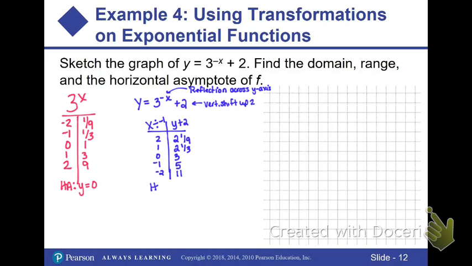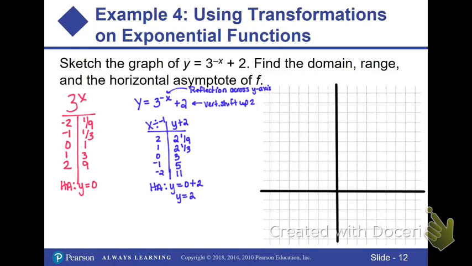Now, also remember you have the horizontal asymptote. Well, it was also a y equals, and so whatever you do to your y values, you're going to do to this. It was y equals 0, but we said we're going to add 2, so now it's going to be up at 2. All right, so let's graph this. I'm going to draw in my axes. I'm going to graph my asymptote.